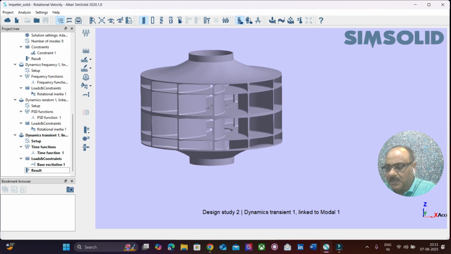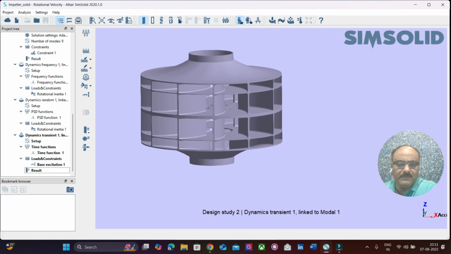So hence we decided to go for a change in the stiffness parameters of the structure, and we also tried to arrive at a suitable material property, and we concluded upon the simulations by keying in some damping values.